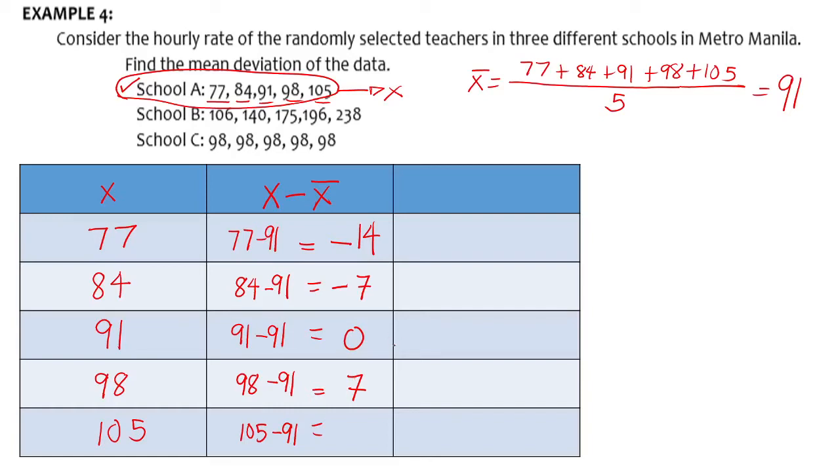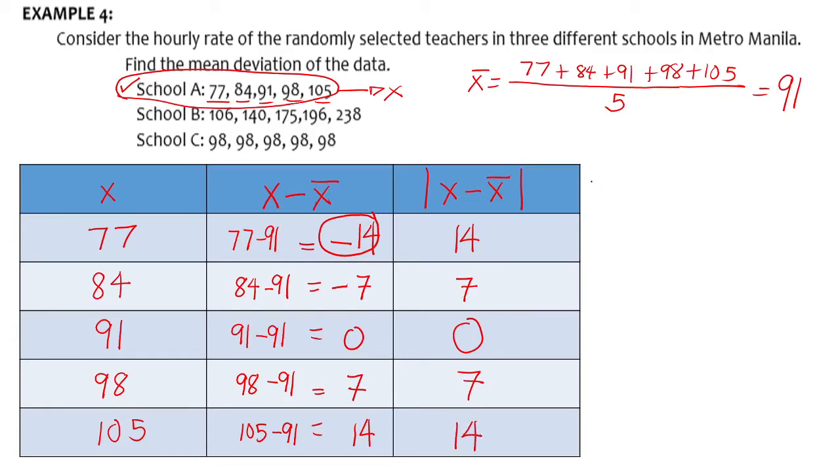14. Okay, that's correct. Next is simply you get the absolute value of the difference between the score and the mean. When you get the absolute value of any number, it is always positive. So what's the absolute value of negative 14? 14. What about negative 7? It becomes positive 7. 0 is still 0. 7 is still 7. 14 is still 14.